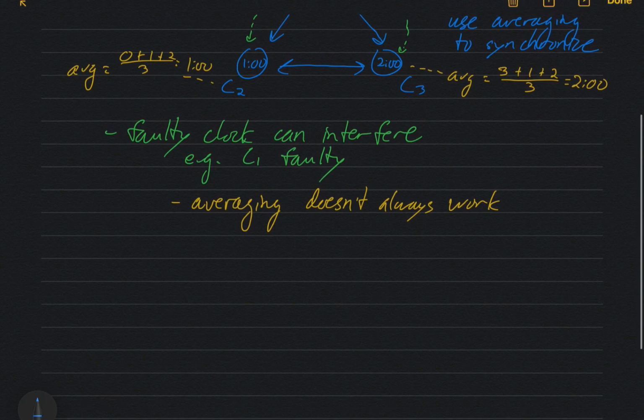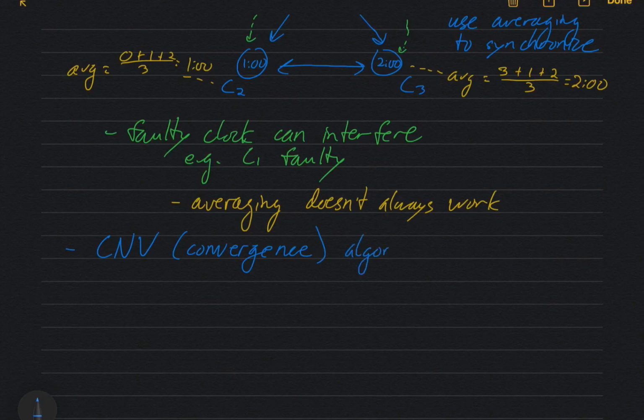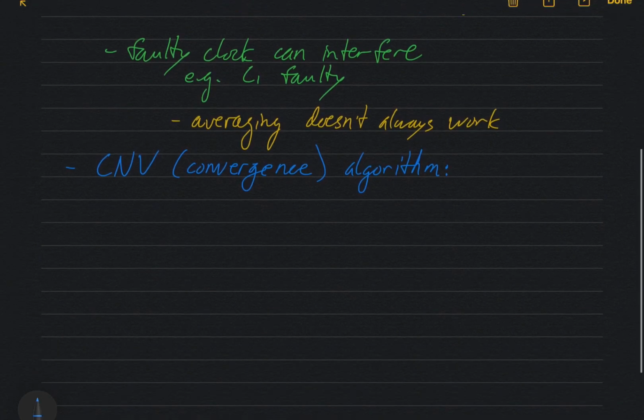So Leslie Lamport came up with the CNV, which stands for convergence algorithm. The purpose is to use a modified averaging algorithm that somehow excludes the times from faulty clocks, and lets the faulty clocks think whatever they want, but lets the ones that are not faulty agree on the time and not be drawn away from the correct time by the faulty clock.